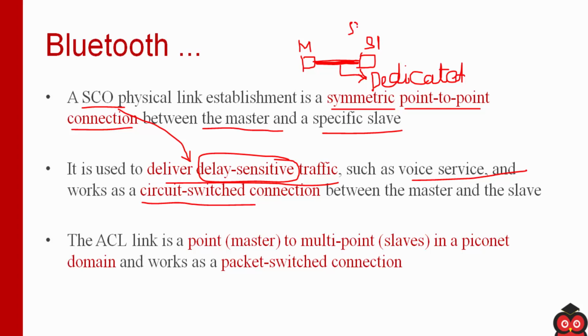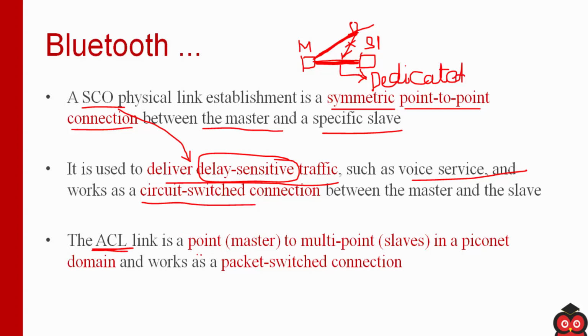If it is slave 2, it will use another link. It will not use the same link as S1. Such a connection is called circuit switch connection. There is no sharing.